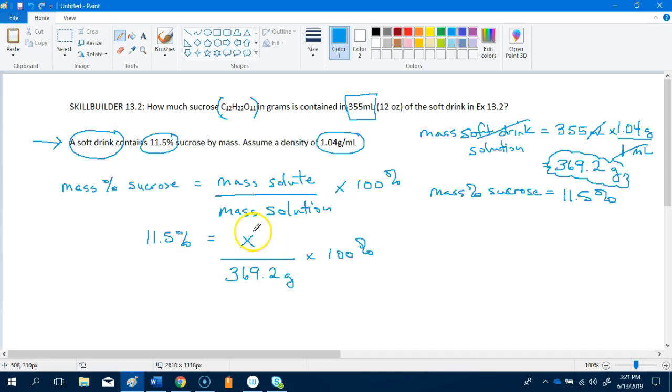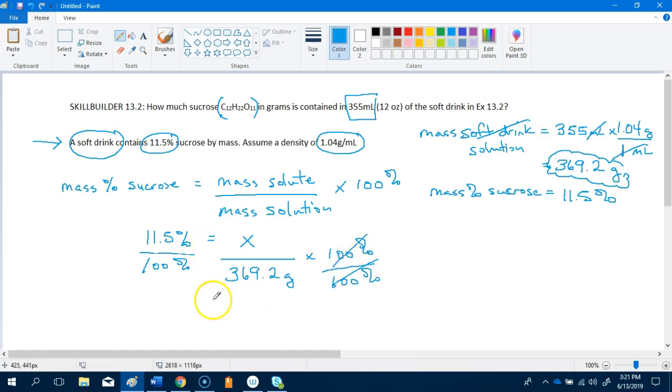To solve for X, what I need to do is bring everything else to the other side using algebra. So the first thing I'm going to do is bring 100 over. If I'm multiplying by 100, then the opposite operation is dividing, and whatever I do to one side, I also have to do to the other side.